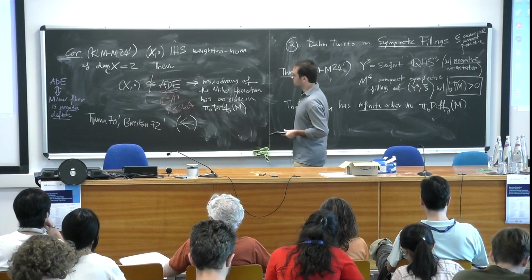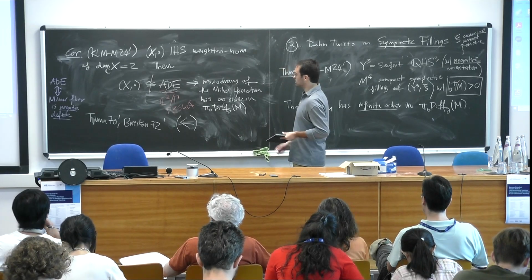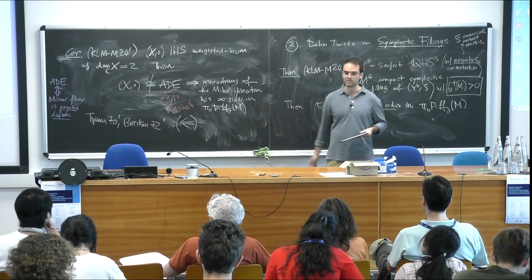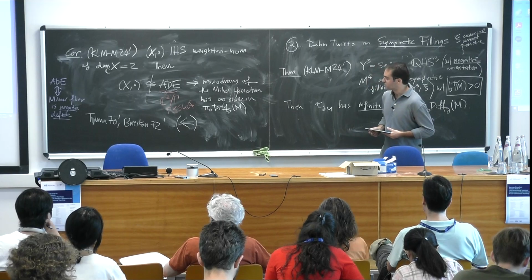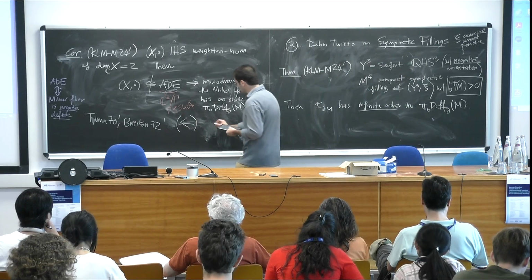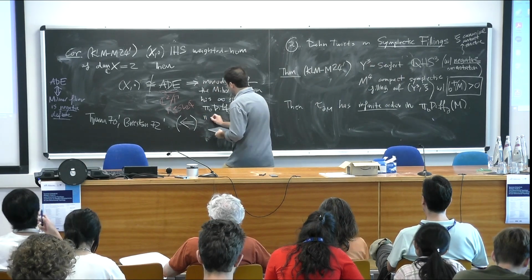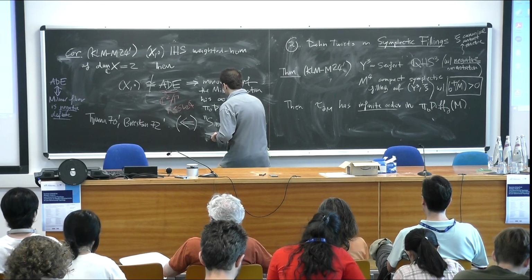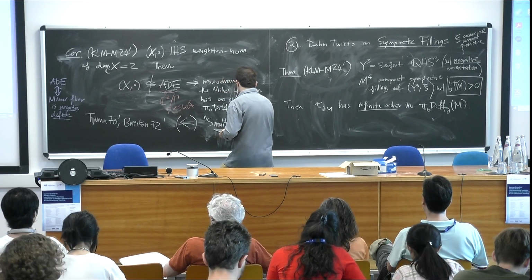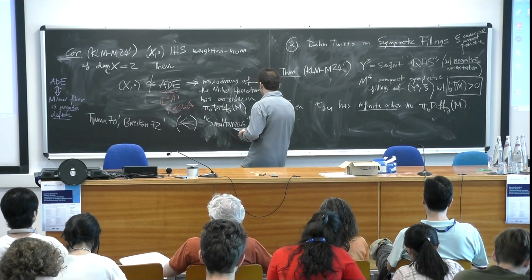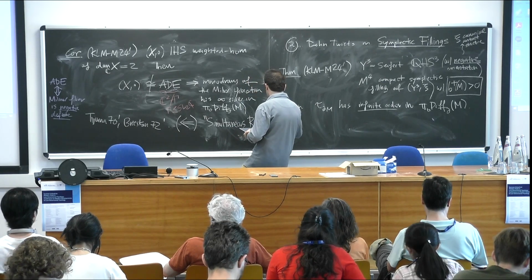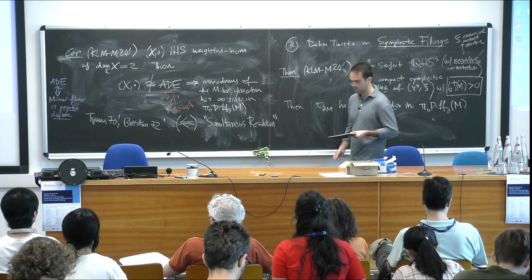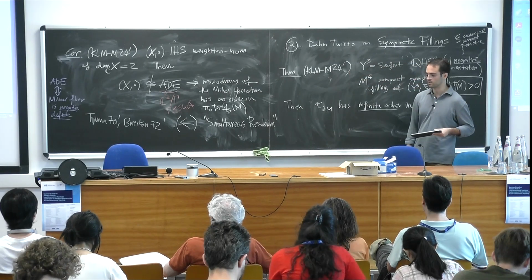Said differently, if you have an ADE singularity, then the monodromy of the Milnor fibration has finite order in the smooth mapping class group. This follows by an explicit construction known as the simultaneous resolution of the ADE surface singularities.